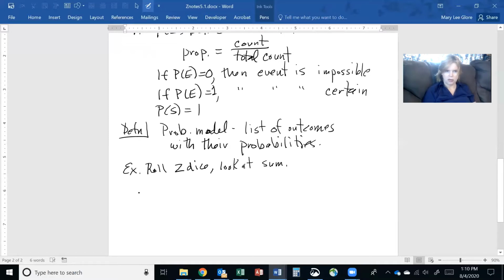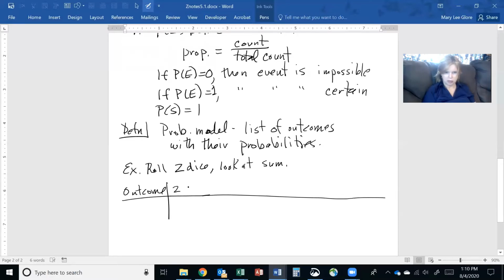So the outcomes can be anything between what and what? What's the smallest roll of the dice? Snake eyes, a 1 and a 1, so that's a 2. And then it can go all the way up to 12.